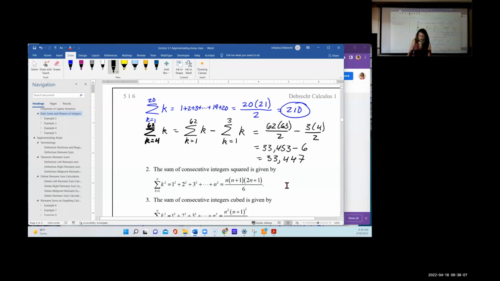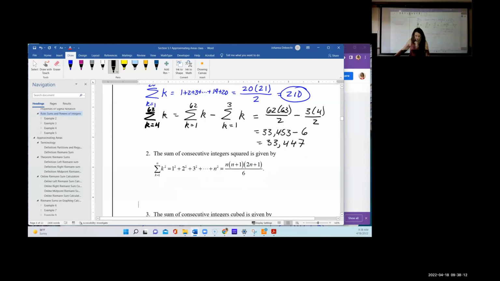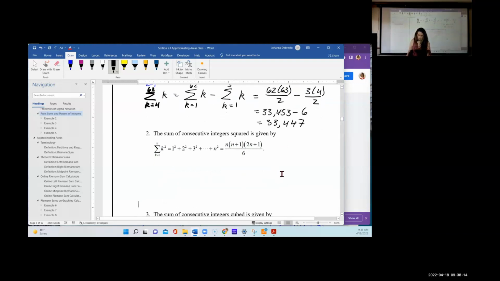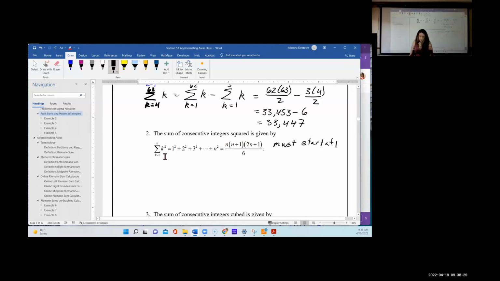All right. Let's take a look at the next example, which is the sum of consecutive integers squared. So this is a little bit different. It must start at 1, just like the previous one. And this time, what it has instead is the square of k in the summand.